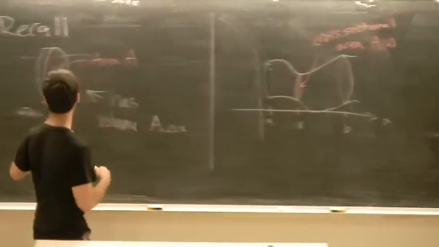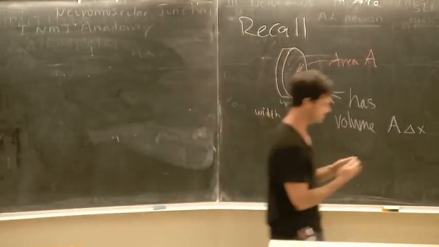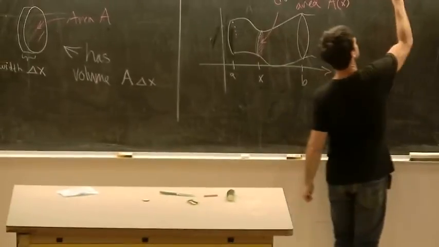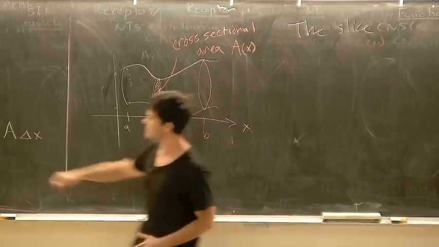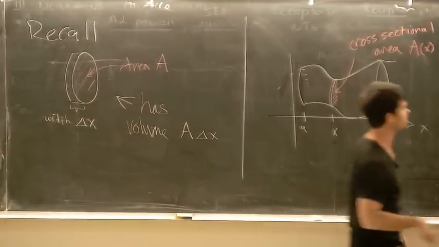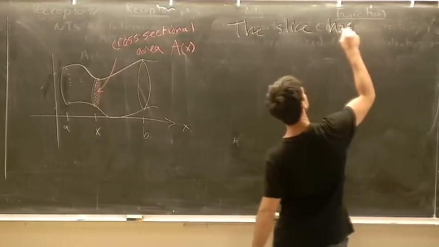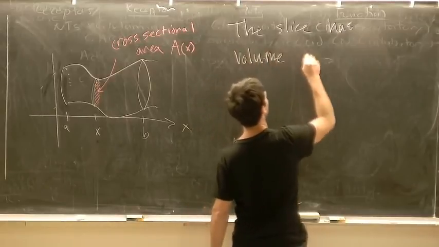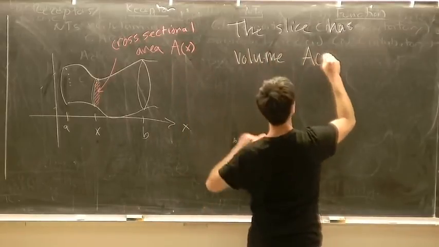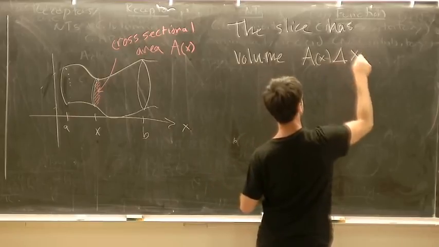And according to what I was saying right here, the slice, which basically looks exactly like this, has volume of A of x times delta x.